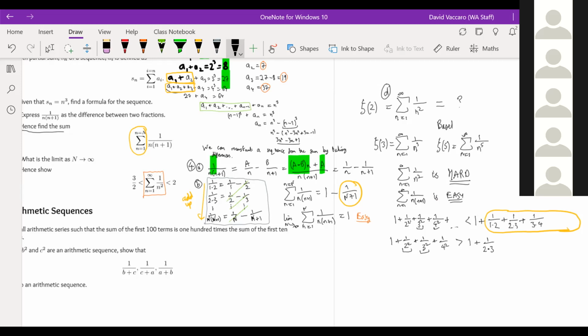Where I had the 3 squared before, I could have a larger denominator, which is 3 times 4, and then I've got 1 over 4 times 5.